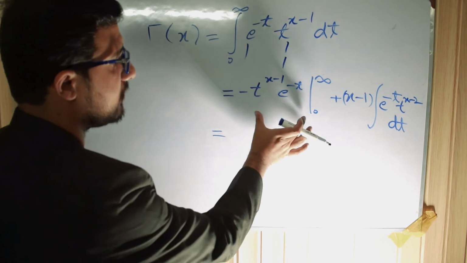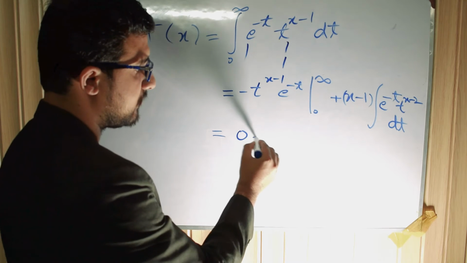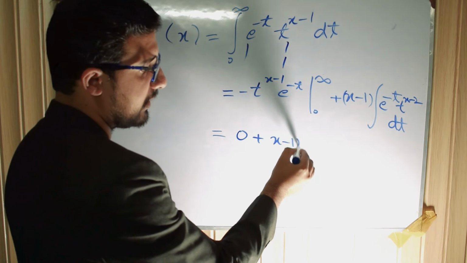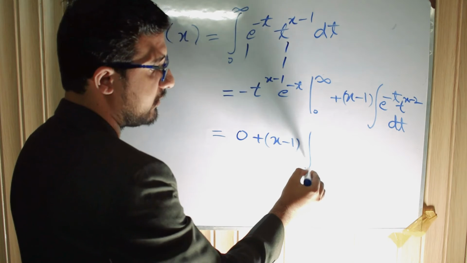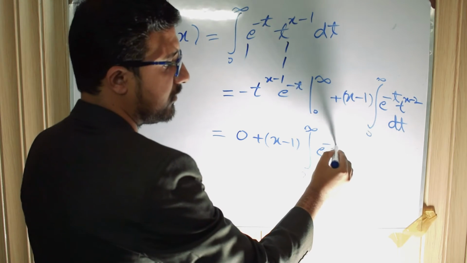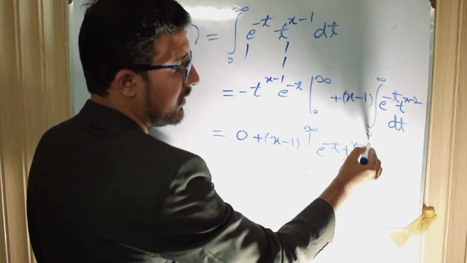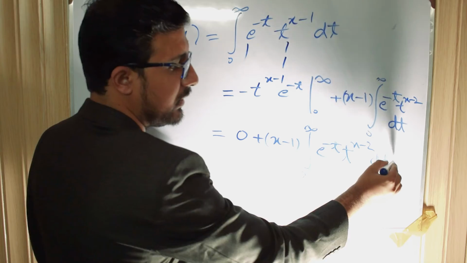Now this first term becomes 0 and we get x minus 1 times the integral from 0 to infinity of e to the power minus t, t to the power x minus 2, dt.